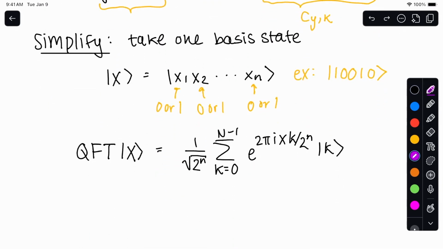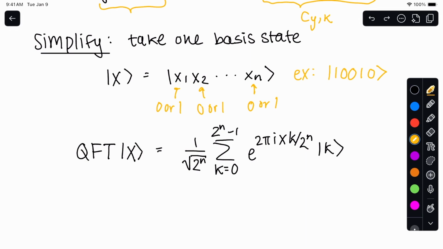So we would have 1 over root 2 to the n, maybe just to be a little bit clearer, I'll replace this one as well. And we'll be summing over all the basis states, k, with this factor out front. And we see that we have e to the 2 pi i x k over 2 to the n.